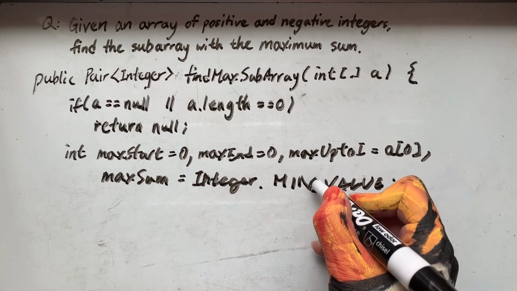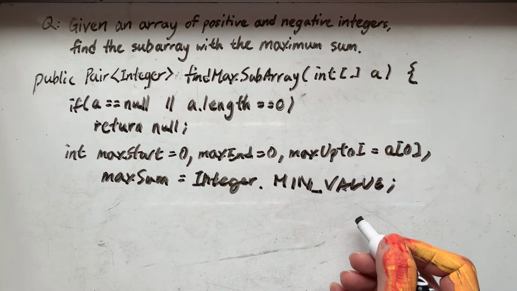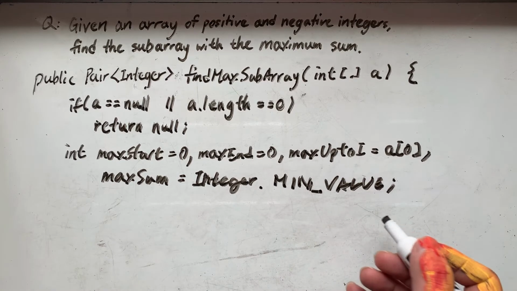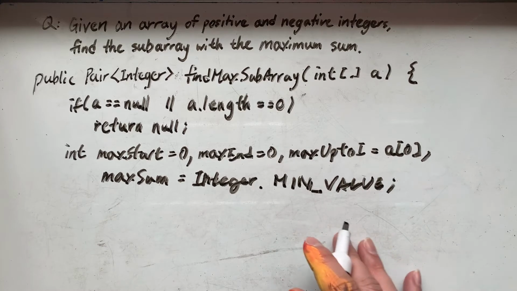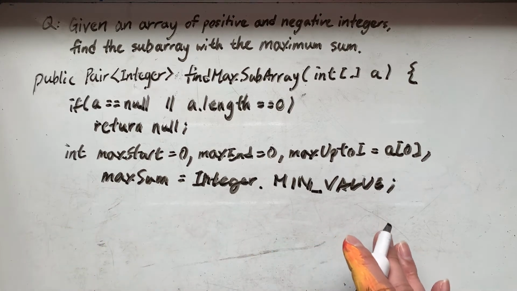And this gives you the minimum value possible in an integer. So the first time you find any element that would be greater than the max sum, you'll replace max sum with that value.